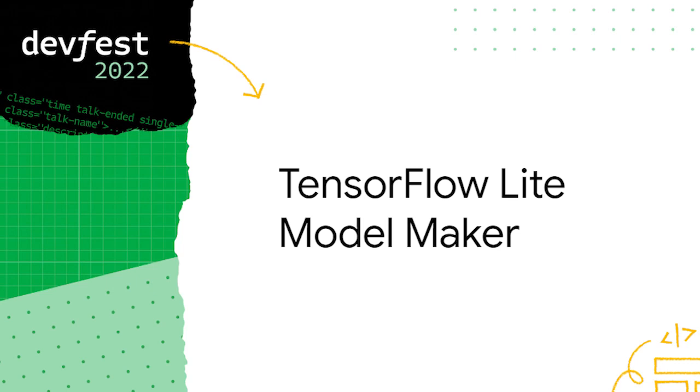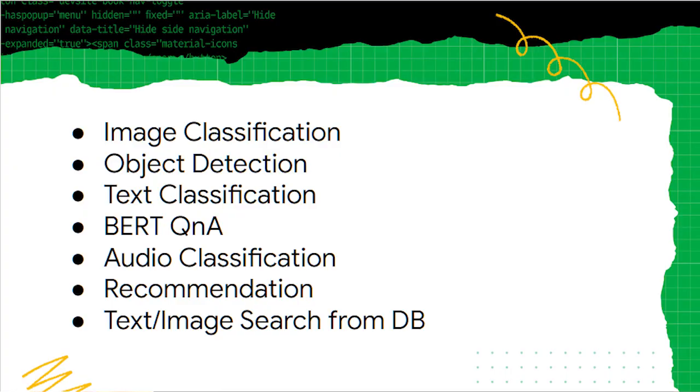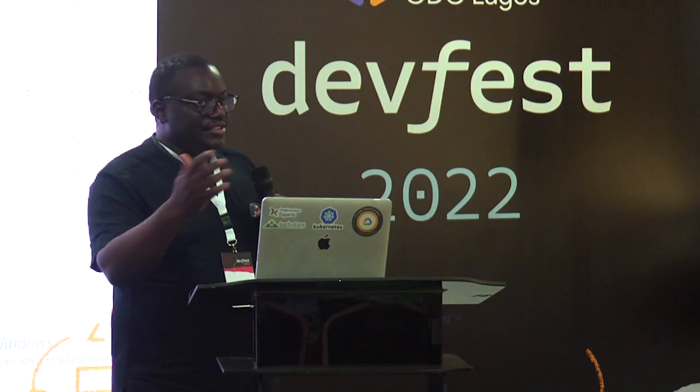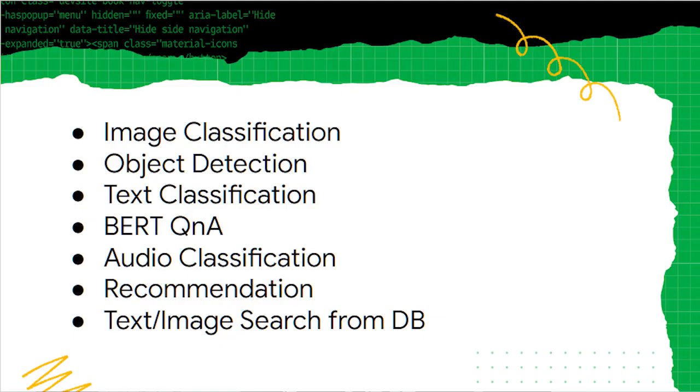But with the TensorFlow Lite Model Maker, you can retrain a set of models, and on the screen we have the types of models that are supported. So obviously not everything out of the door is supported, but you have a good number of options that are supported. Next slide, please.